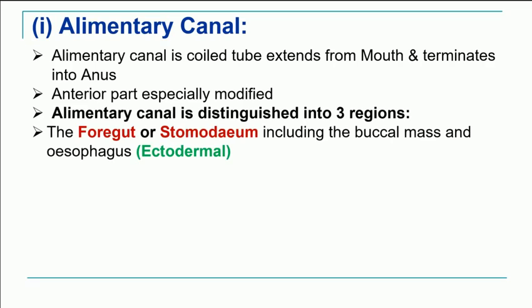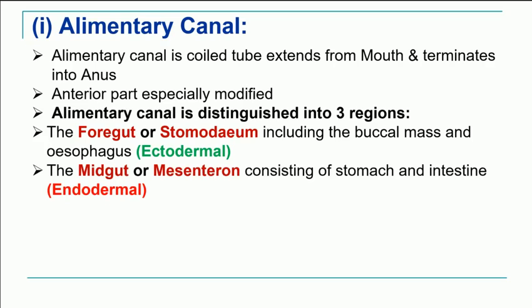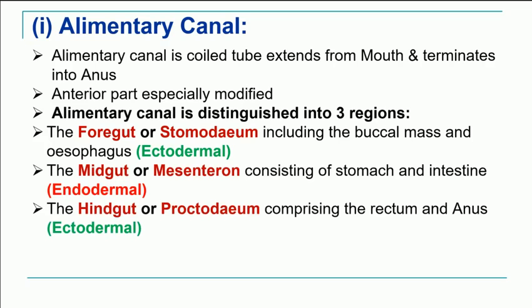The first region is called the foregut or stomodeum. It includes the buccal mass and esophagus, and it is ectodermal in origin. The middle part is called the midgut or mesenteron. It consists of the stomach and intestine, and it is endodermal in origin.